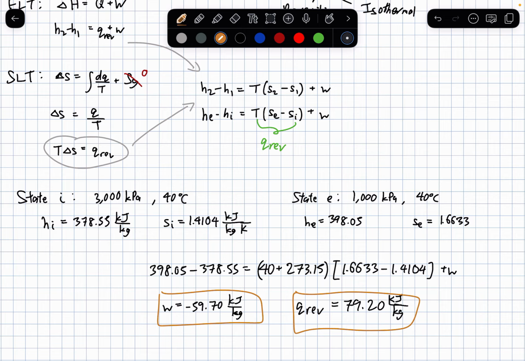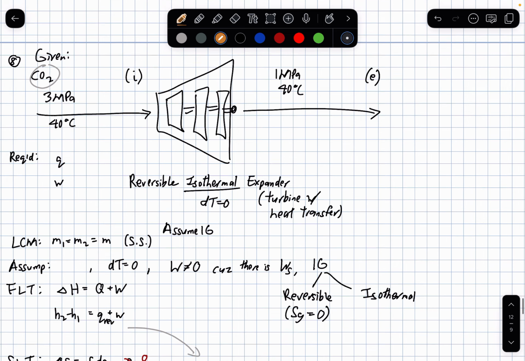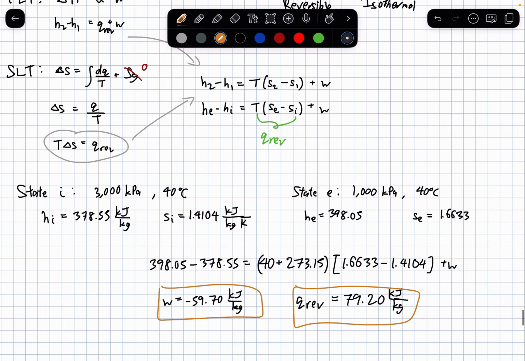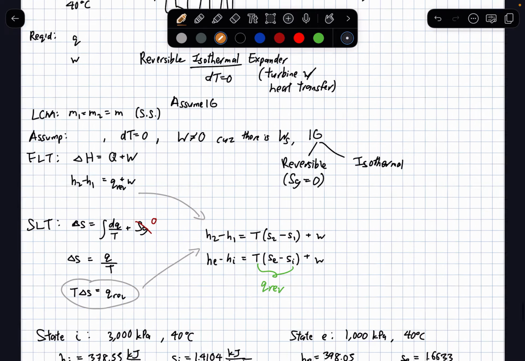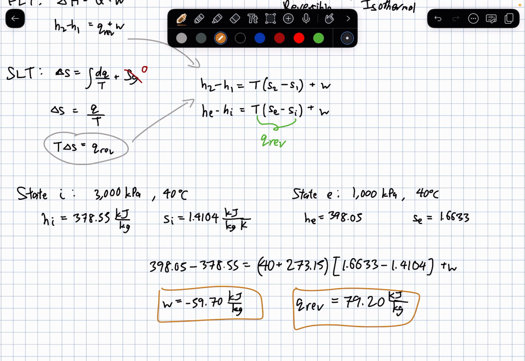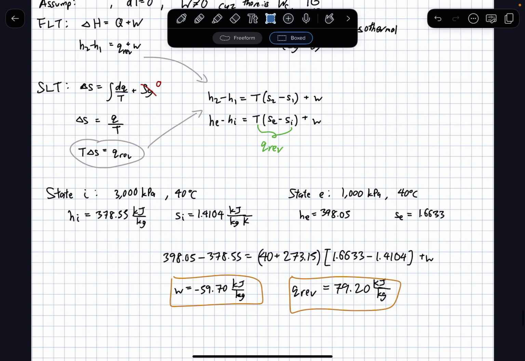Let's check the solution. Reversible isothermal expander. Hmm. I didn't get the right answers. We are told to assume ideal gas. So I think this is what we were supposed to do.